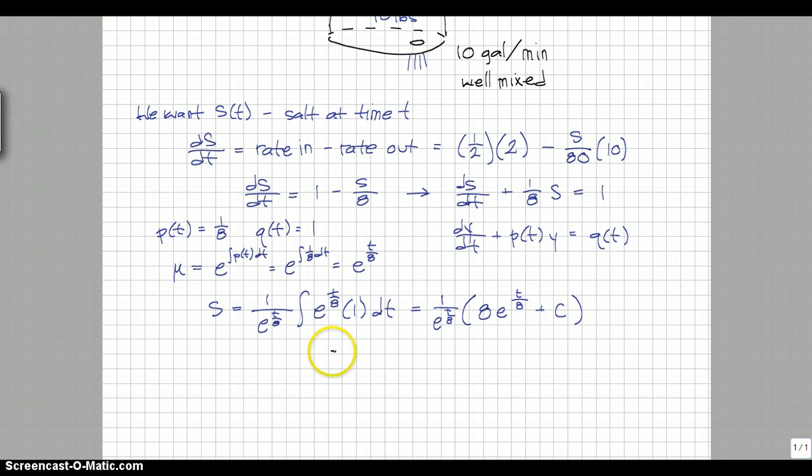Distributing gives us S is equal to 8 plus C e to the negative t over 8. And now we're ready to use our initial condition to find C.